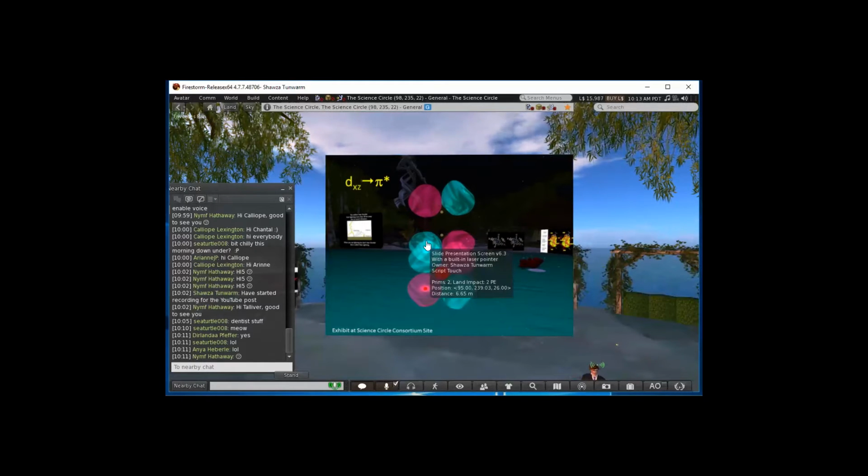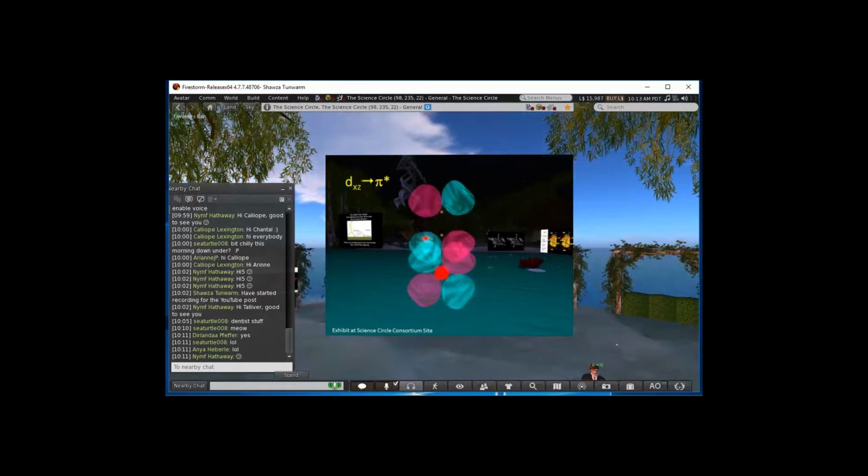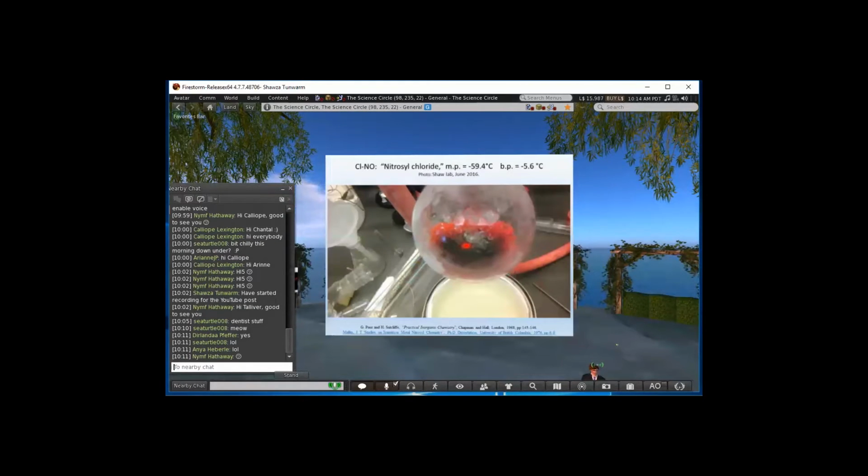I love how these things fit together. It's got exactly the right shape to interact with that antibonding orbital. So essentially, while the metal steals some electrons from the nitrogen lone pair, it gives them back over on the side. And that redistribution of electron density allows for the chemistry of the bound NO to be different than the chemistry of regular NO. Okay, so that's a plug for inorganic chemistry.